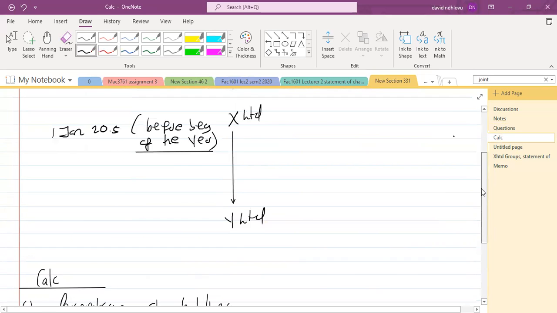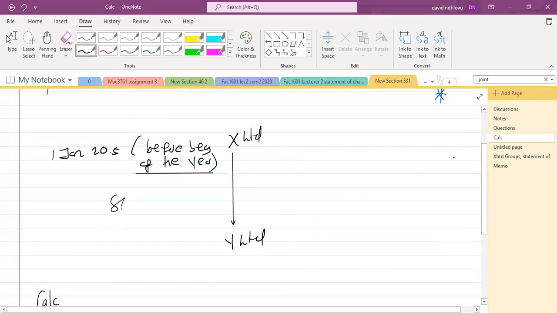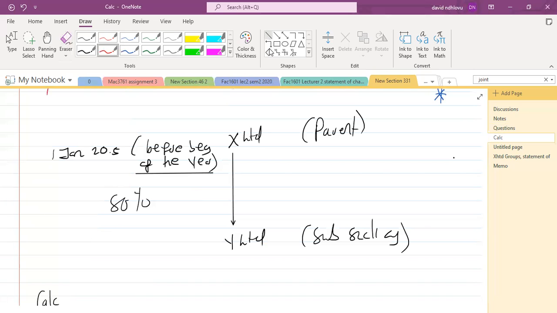So in our analysis, we see that we've got an 80% shareholding, which means we can conclude that this is the parent and this is its subsidiary. The entity that bought the shares, which is X, has more shares than everyone else in this arrangement.